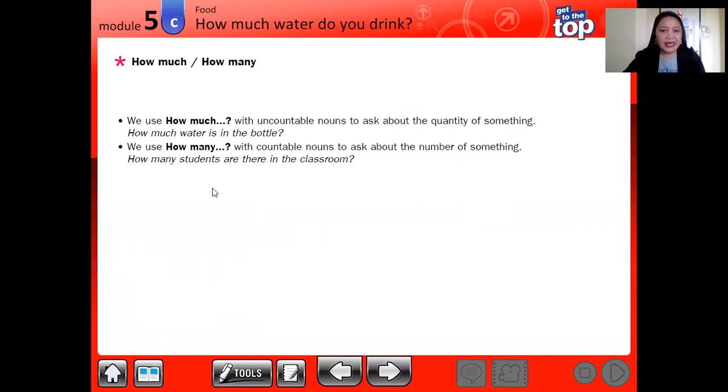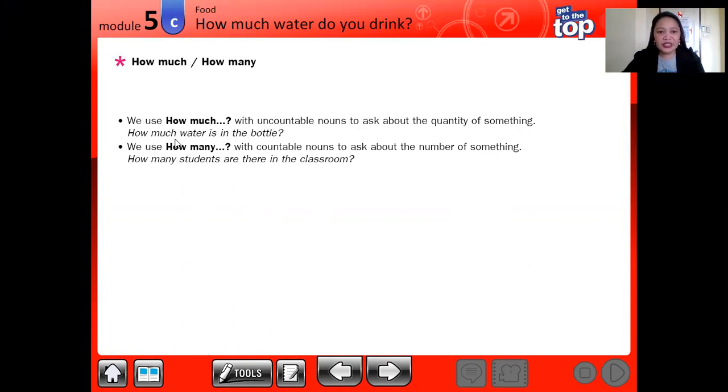Again, listen carefully. We use how much with uncountable nouns to ask about the quantity of something. Quantity is how many pieces or how much, small or many or few. That is called quantity.